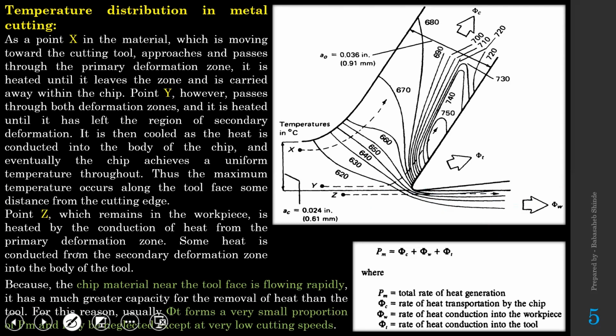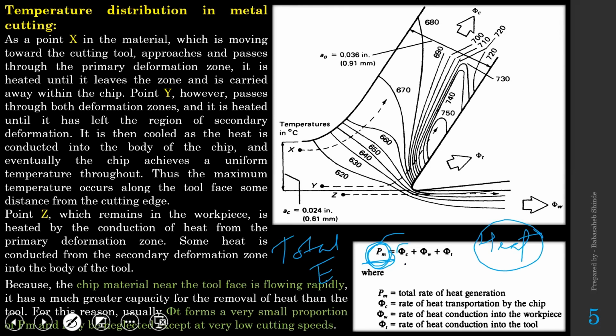Now, if I am providing PM, that is the energy required in metal cutting. Suppose I am removing a certain amount of material. For that total material removal, whatever energy I am providing, that total energy will be indicated by this PM. Now this PM is going to be converted into heat, and that heat will be taken away by three things. What are the three things?